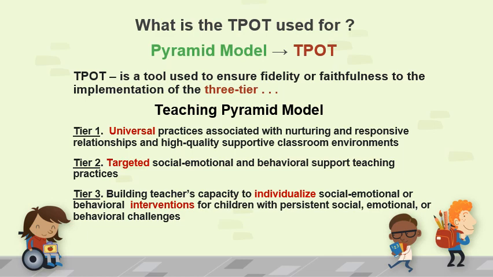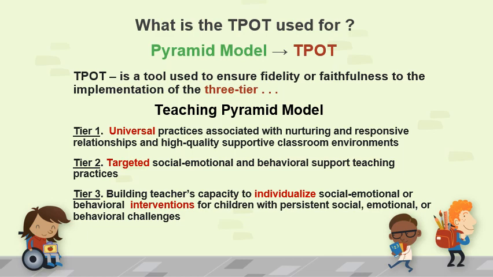What is TPOT used for? TPOT is a tool used to ensure fidelity or faithfulness to the implementation of the 3-tier teaching pyramid model. Tier 1 are universal practices associated with nurturing and responsive relationships and high-quality supportive classroom environments.